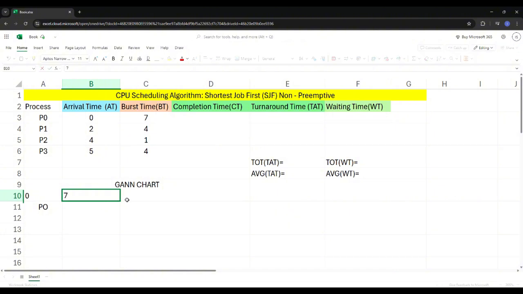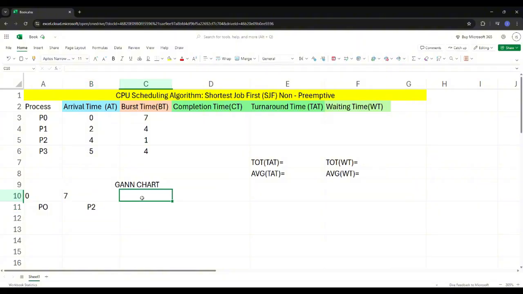P0 runs from 0 to 7. Now at time 7, more processes have arrived: P1 with burst time 4, P2 with burst time 1, and P3 with burst time 4. Out of these, P2 has the shortest burst time of 1, so it's chosen next.